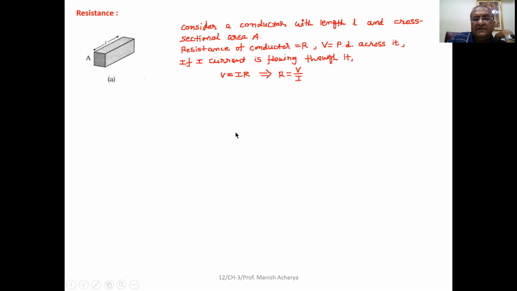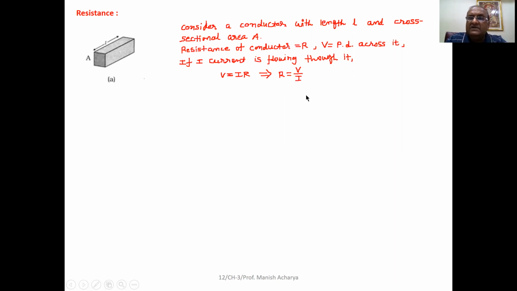Then we can write V equals IR as per Ohm's law, where R is the resistance of this conductor. So R equals V by I.